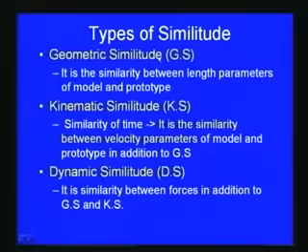While doing this kind of physical modeling, generally 3 important similitude or similarity principles are used in fluid mechanics. The first one is the geometric similitude, the second one is the kinematic similitude, and the third one is the dynamic similitude. The geometric similitude is the similarity between the various length parameters of the model and prototype.